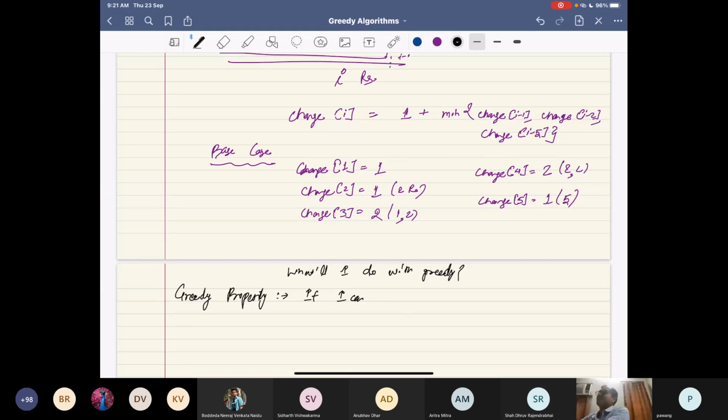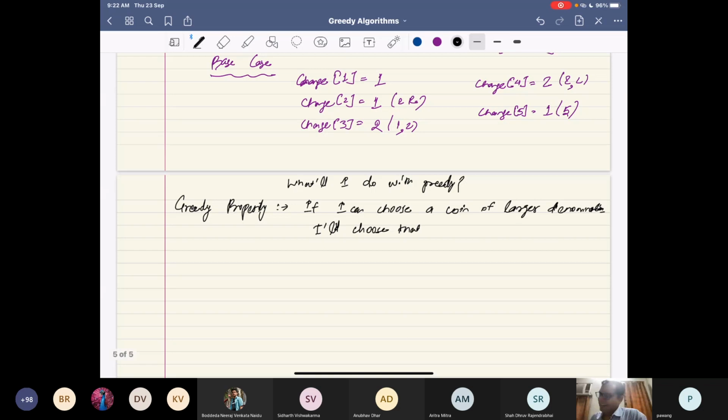So the greedy property is: if I can choose a coin of larger denomination, I should choose that. So greedy will be: if n is greater than or equal to 5, select 5.